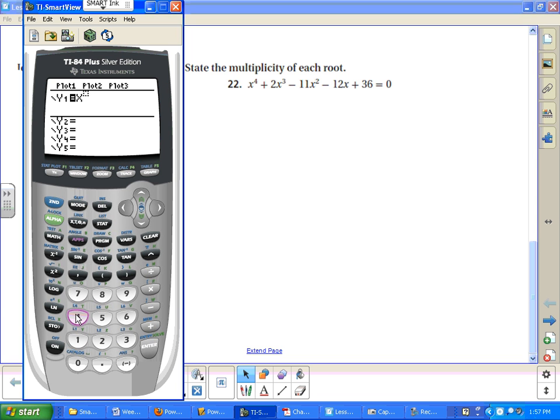So x to the 4th plus 2x cubed. Oops, I mean x there. Minus 11x squared minus 12x plus 36.